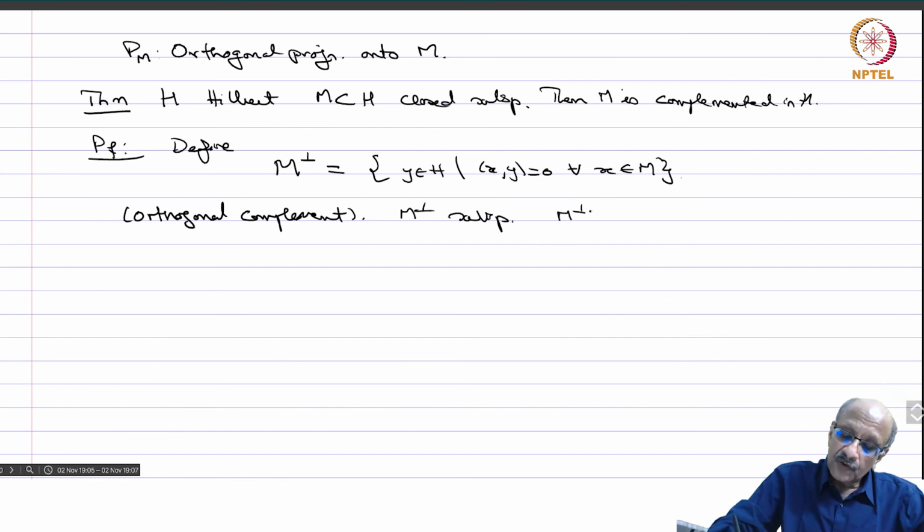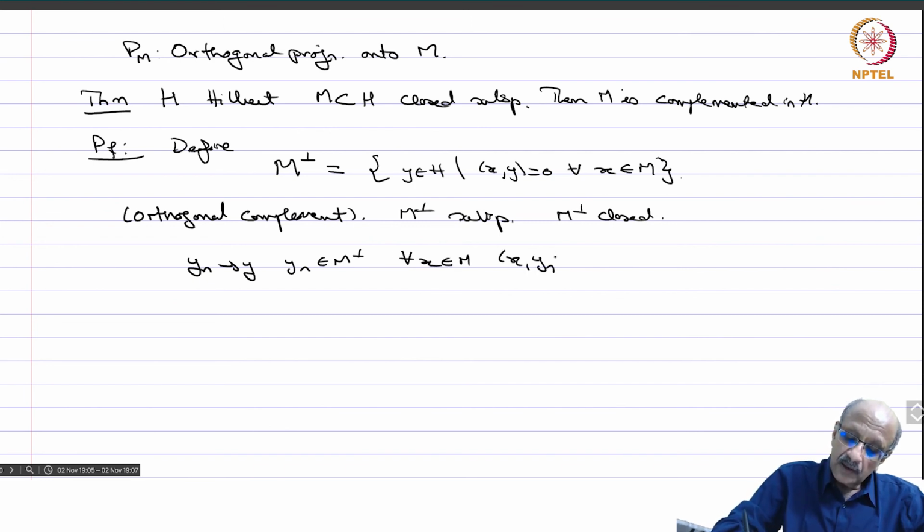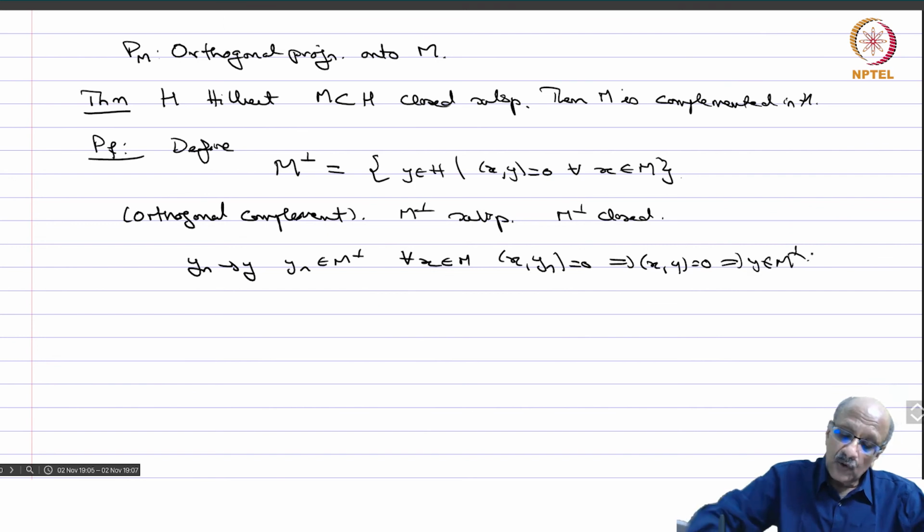It's also closed. So if y_n converges to y and y_n in M_perp, then for every x in M you have ⟨x, y_n⟩ equal to 0, and that implies that ⟨x, y⟩ is 0, which implies that y is in M_perp. So M_perp is a closed subspace.